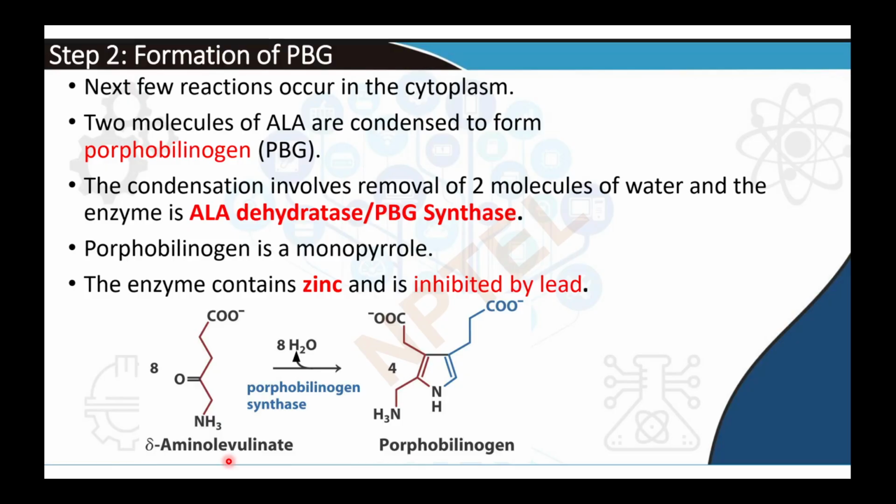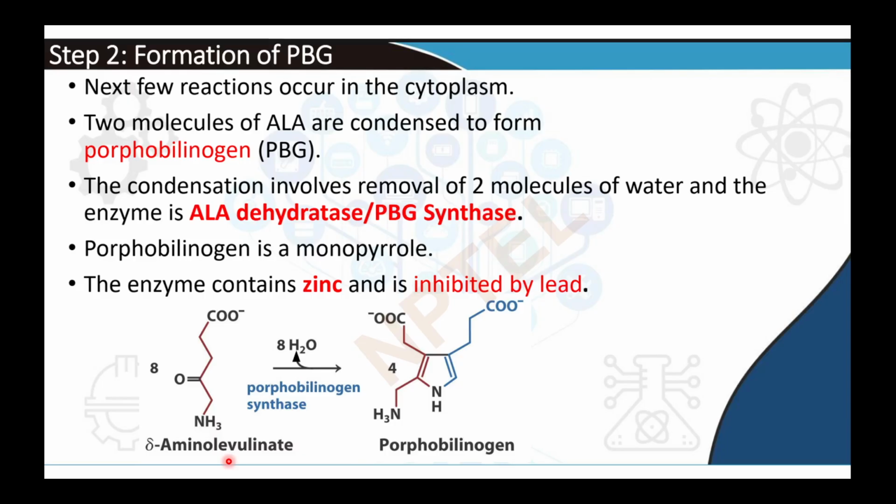So this reaction is carried out by porphobilinogen synthase, and two molecules of water are removed during the condensation process. And this reaction occurs in the cytoplasm. Okay. So two molecules of ALA are condensed to form porphobilinogen, abbreviated as PBG.